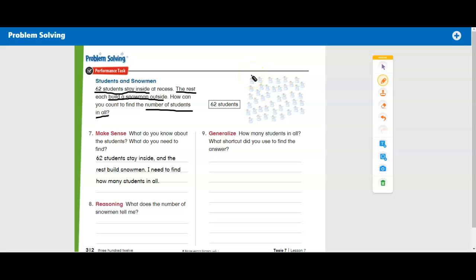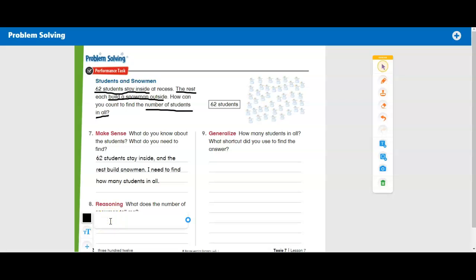Would that tell me how many students stayed inside at recess? Or how many built a snowman outside? The number of snowmen would show me how many students went outside and built a snowman.